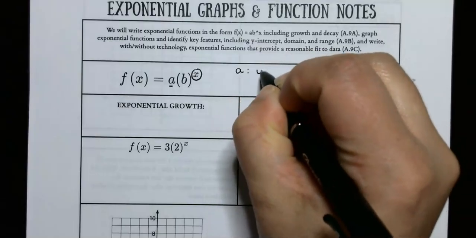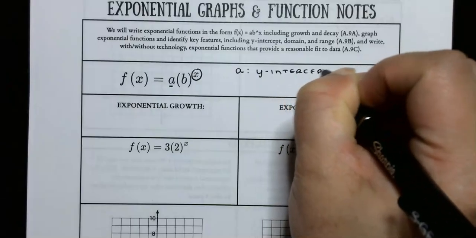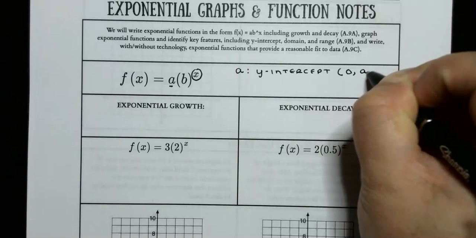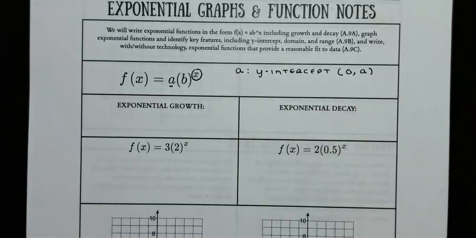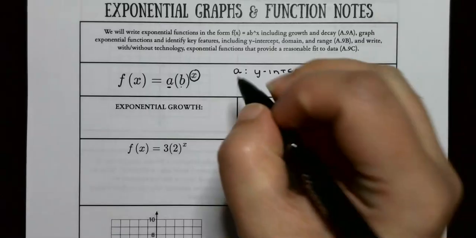A is the y-intercept. And so that is going to always be 0, and whatever the a value is the point where it actually crosses. Okay? B is actually going to be the one that tells us what direction the graph is going in.